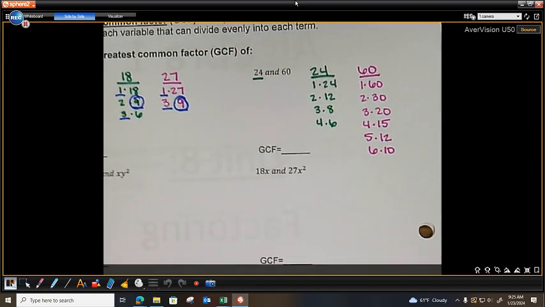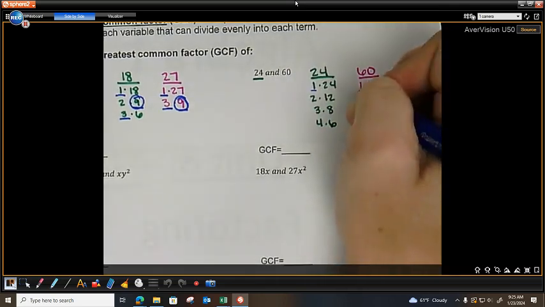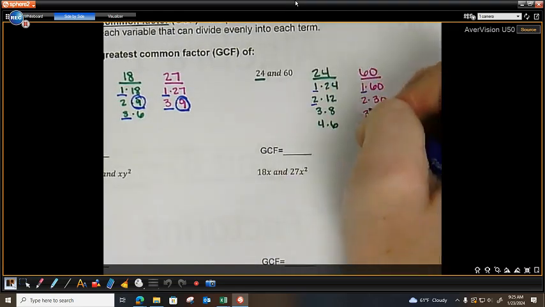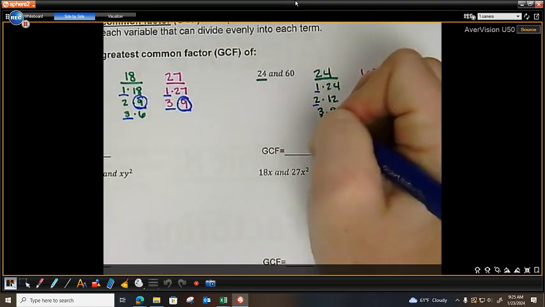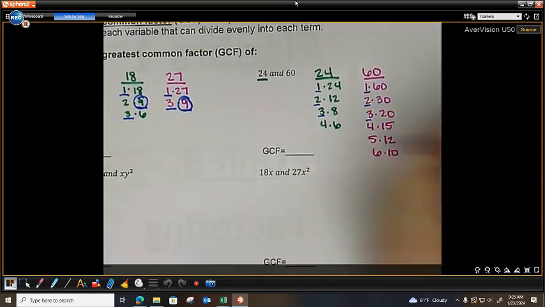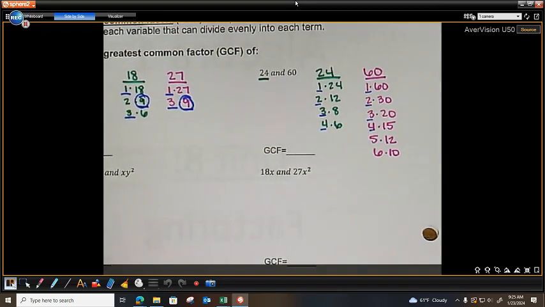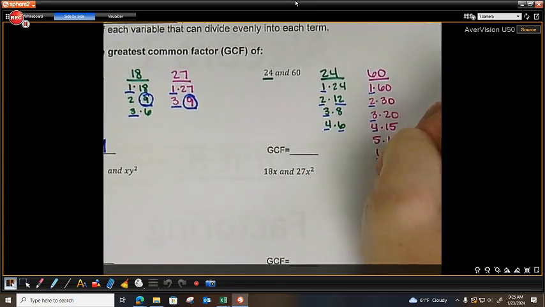Now, are they both divisible by 1? Are they both divisible by 2? Are they both divisible by 3? Are they both divisible by 4? Are they both divisible by 6? Are they both divisible by 8? No, 8's not on this list. So far 6 is my biggest number. Are they both divisible by 12? 12 and 12.